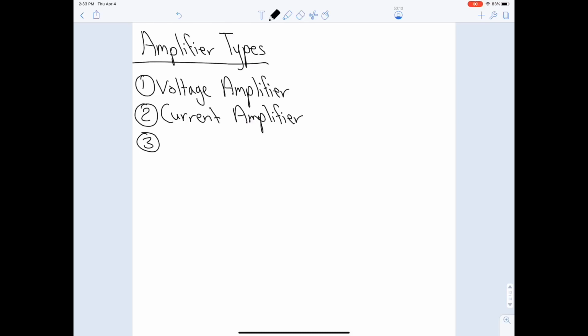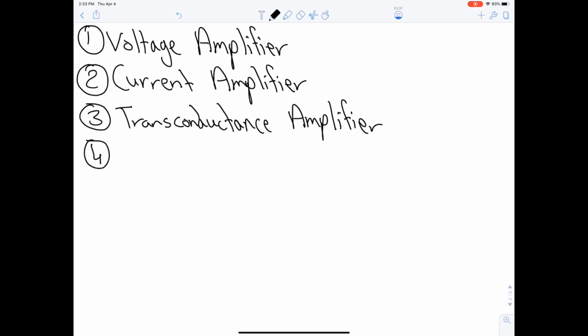Third is transconductance. And the last one is transresistance. Transresistance, okay?